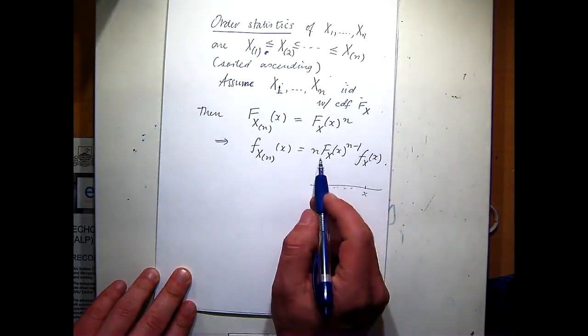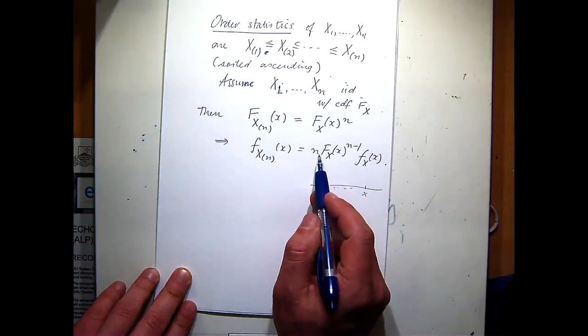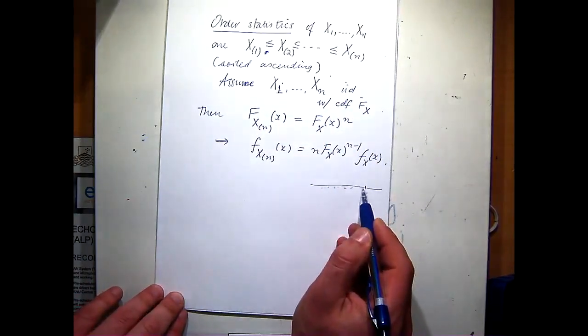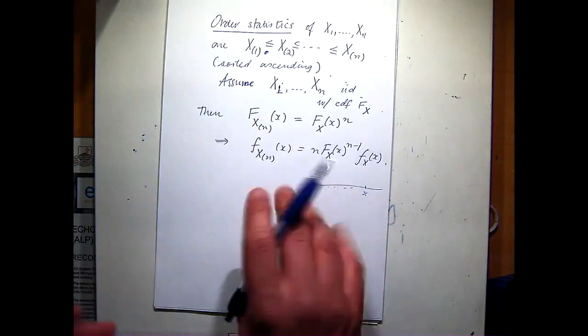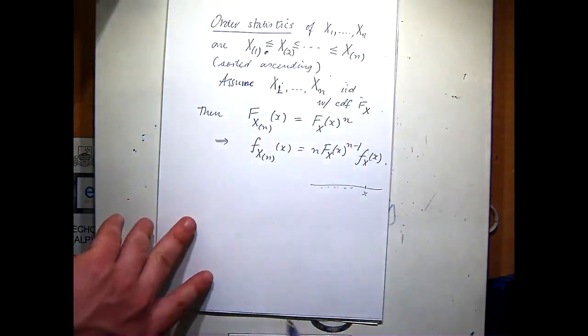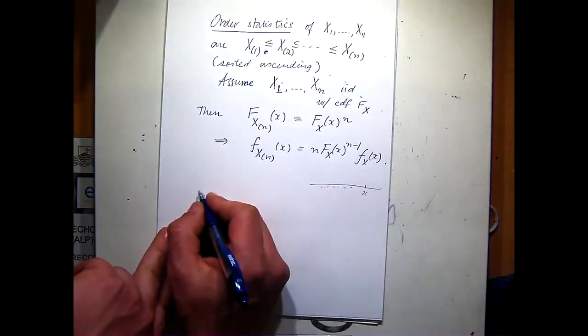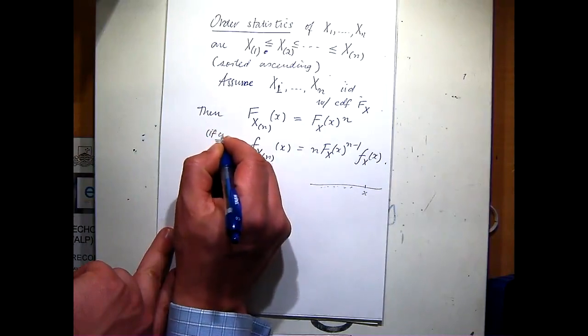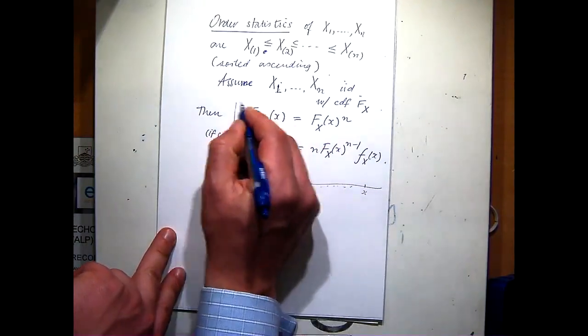And the factor of n comes from you have to choose which one of the 1 up to n is the one to be the maximum, and the others are over here. So there are n different ways to make that choice of which index achieves the maximum. So that's the density, if continuous, that's the case. But the CDF one will always be true.